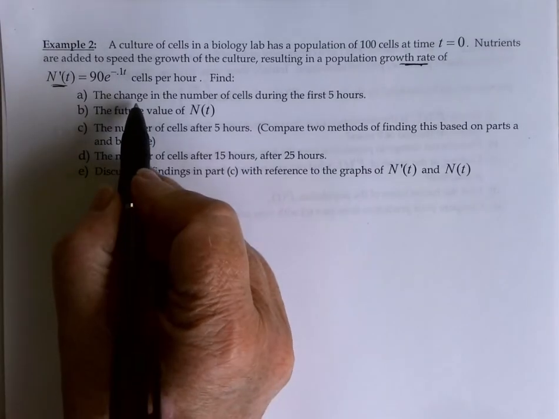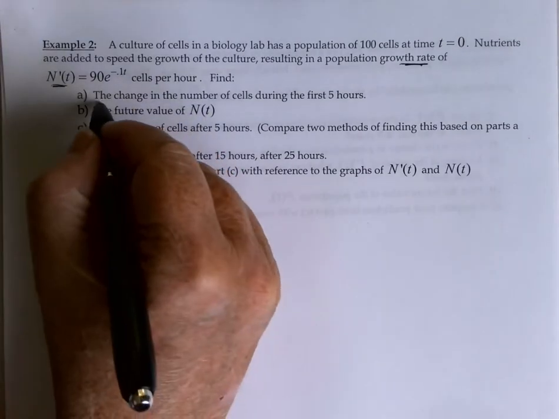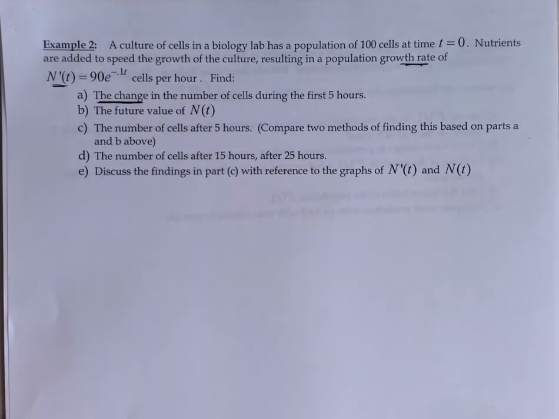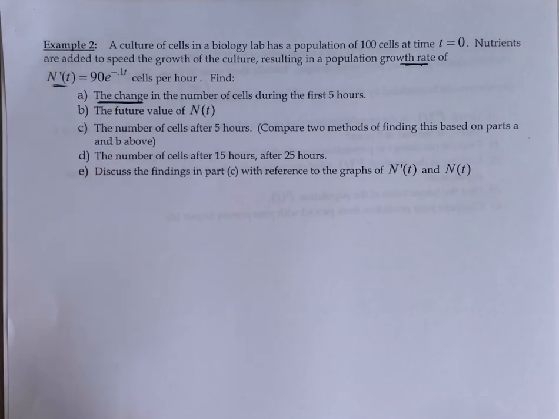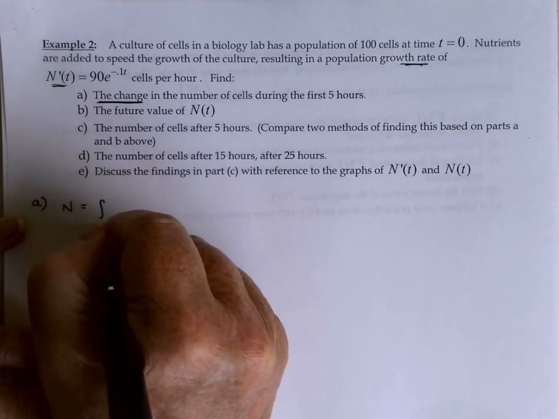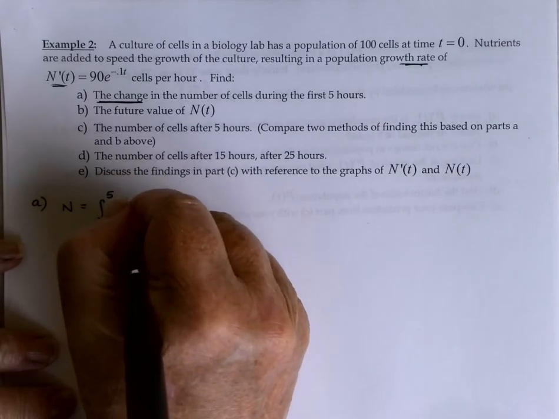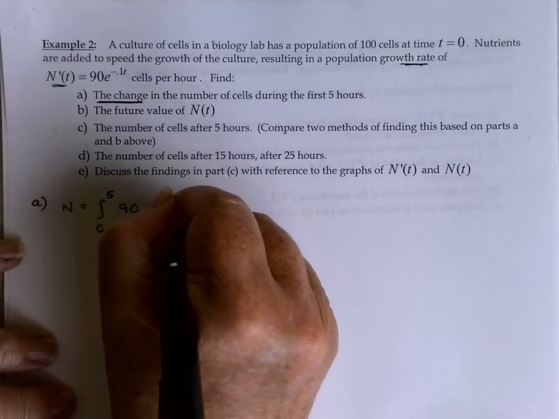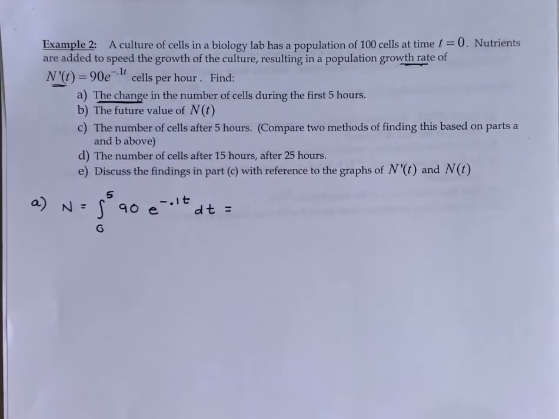First thing we want is the change in the number of cells during the first 5 hours. Notice it's the change, not the rate of change. If I want rate of change, I would have used n prime. Because I want change itself, I need the integral of n prime to get n. So first 5 hours would be from 0 to 5, and we'd have the integral of 90 e to the negative 0.1 t dt. And again, just to speed things along a little bit, I went ahead and just did the integral on the calculator.